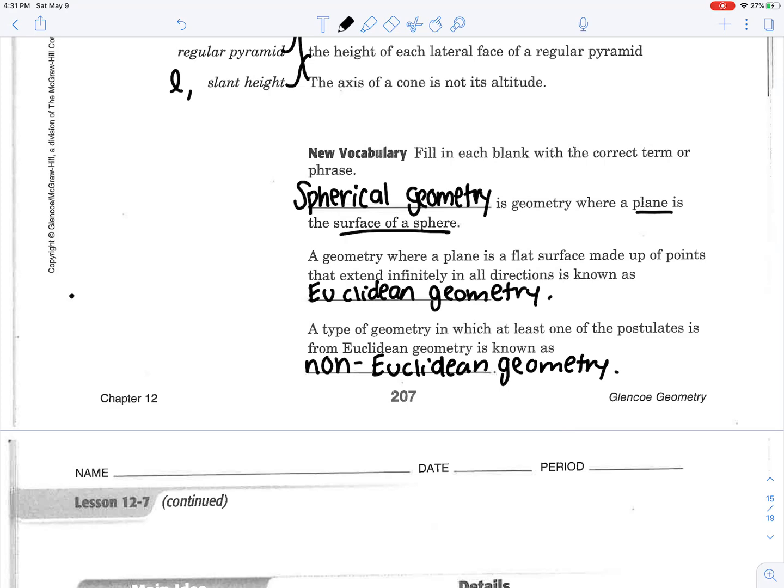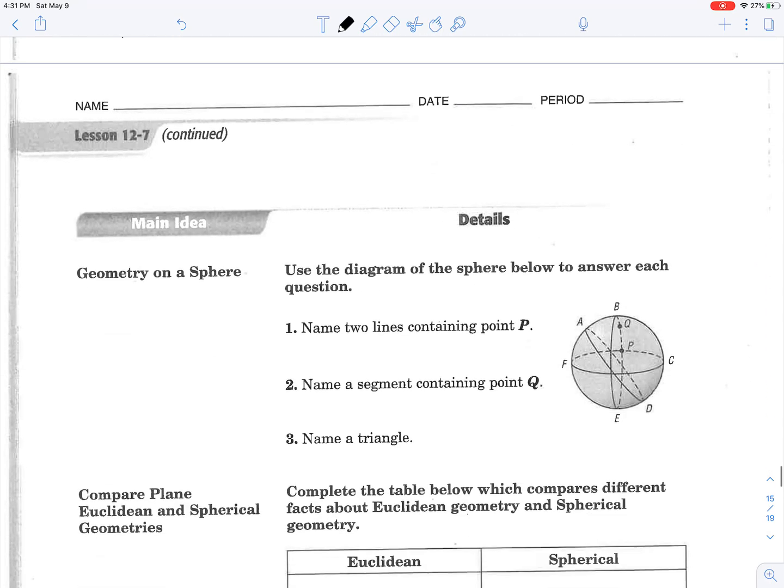If we were doing Euclidean before, we had points, and points made lines, and lines made planes that extended indefinitely in all directions. This is what we're used to. Spherical geometry, if we start from a sphere, and that's our plane, then our lines are going to be great circles.